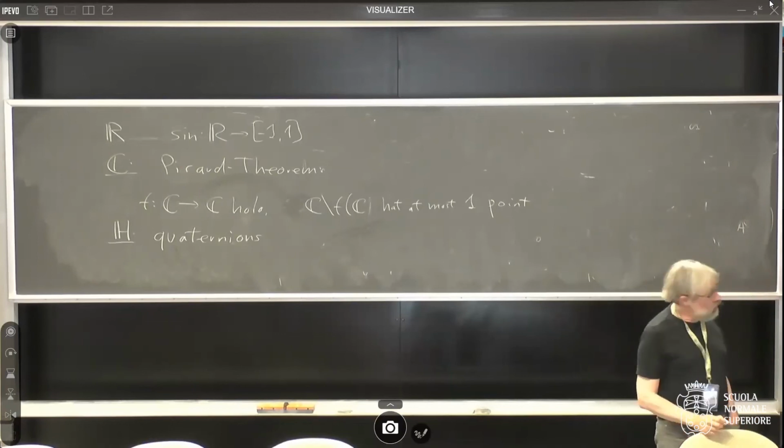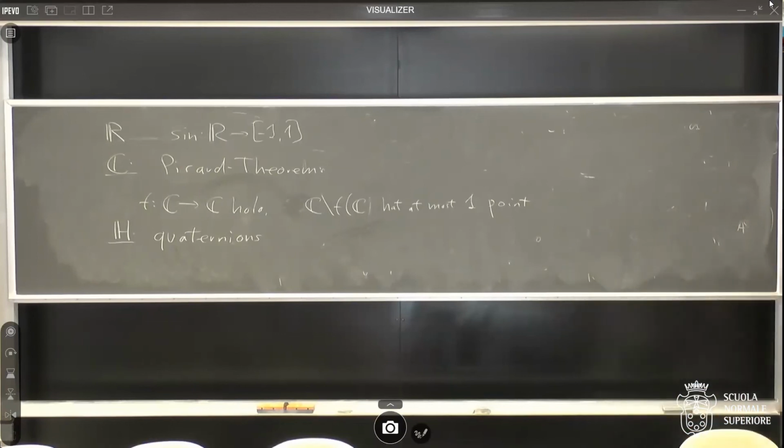Maybe one easy description is that it is a real vector space of dimension 4. And then you have rules, and the rules are simply that I, J, K are all imaginary units.